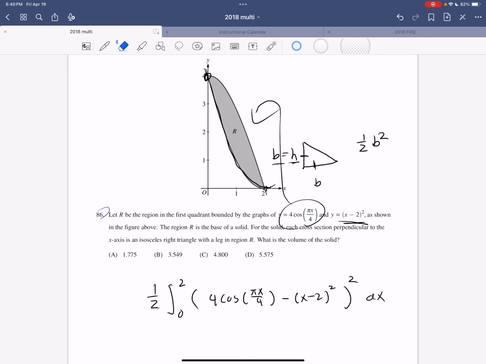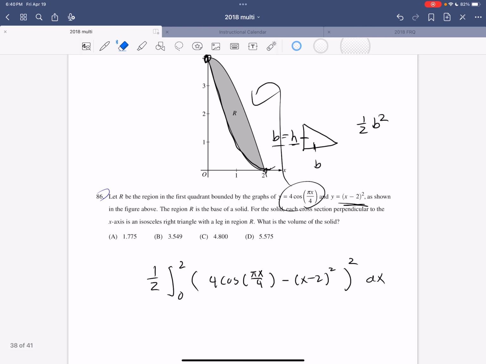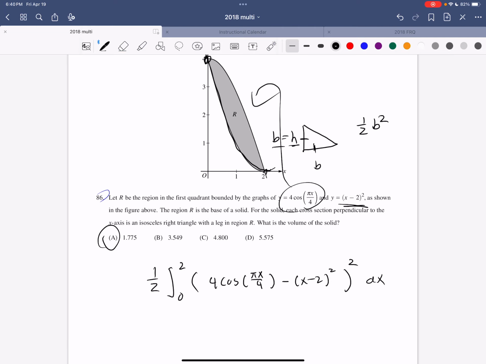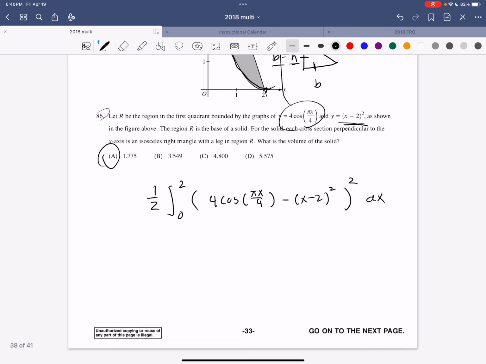Yeah, when you do this one. Yeah, I'm right. So you just do this one. When you put this into the calculator from 0 to 2, you are going to get the answer. It's going to be A. Okay, so I was right. Yep, that's it.